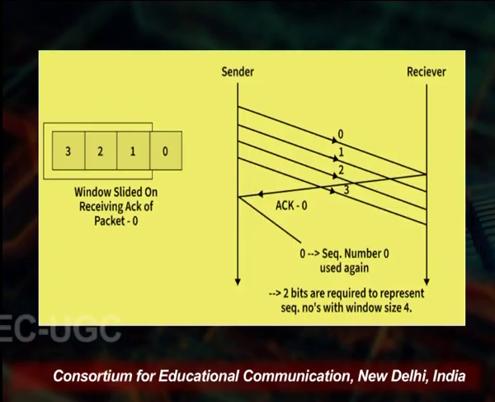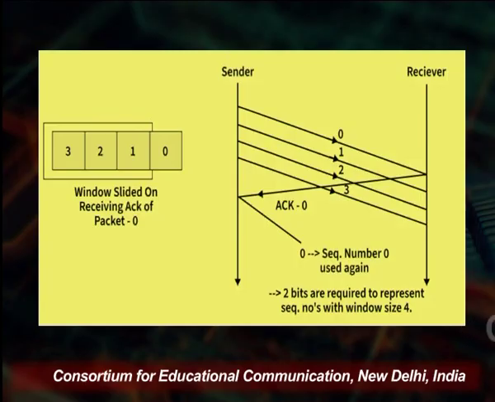So, it is a sliding window. For 0, the acknowledgement has been received, so 0 can be reused as a sequence number, and that is why the window has slided from 0 to 1. Now it is waiting for the other acknowledgements 1, 2, 3, while the sequence number 0 can be used again.